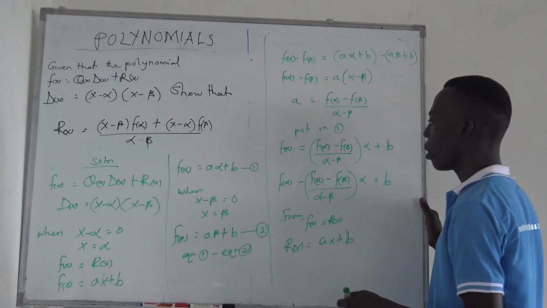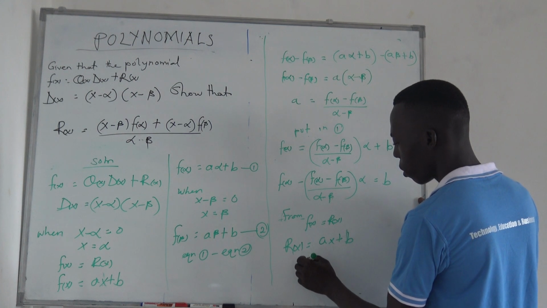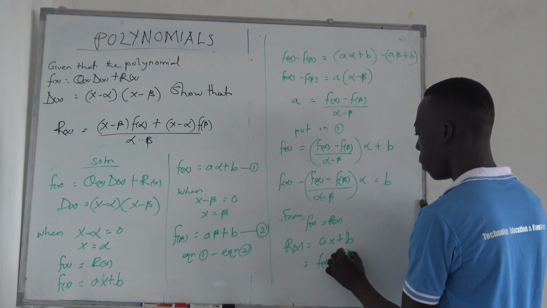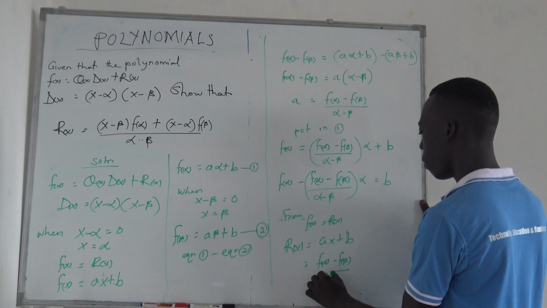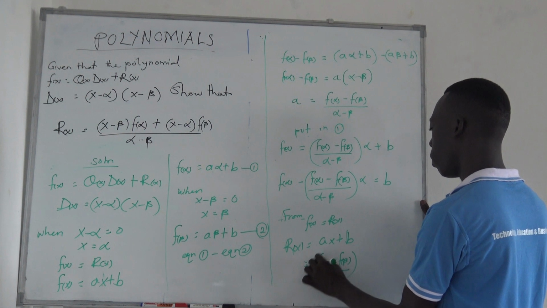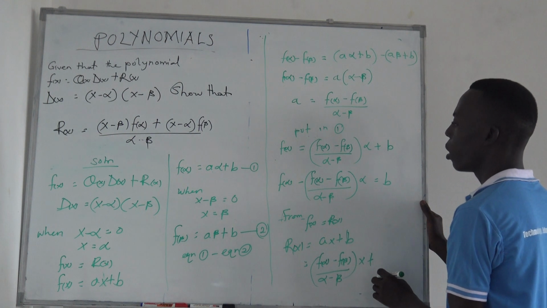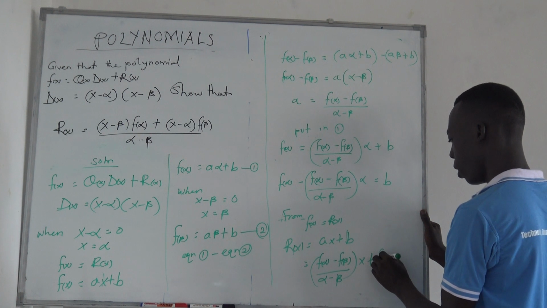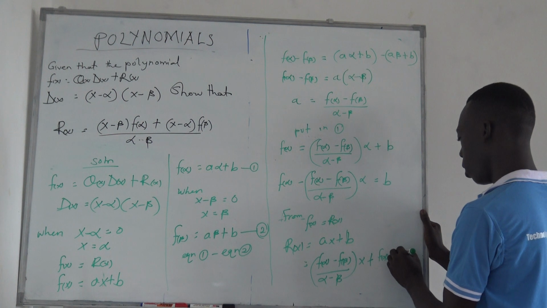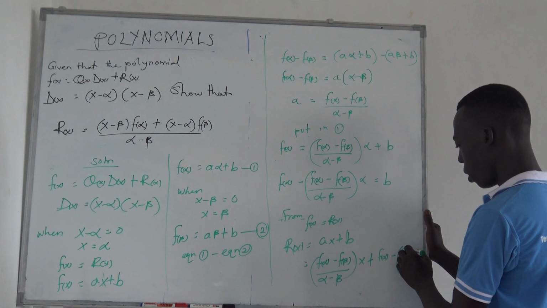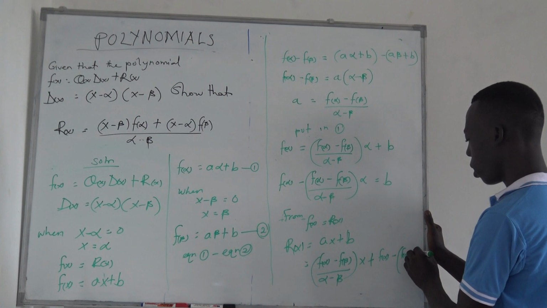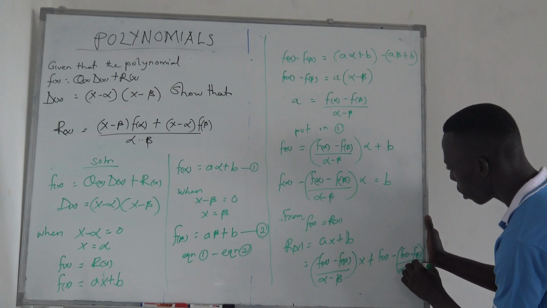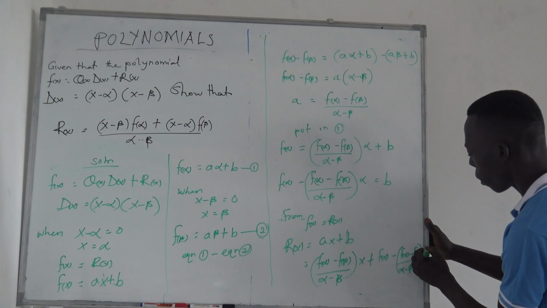When we put the value of a, which is f of alpha minus f of beta out of alpha minus beta, times the value of x, then plus the value of b, which is f of alpha minus, in brackets, f of alpha minus f of beta out of alpha minus beta, times the value of alpha.